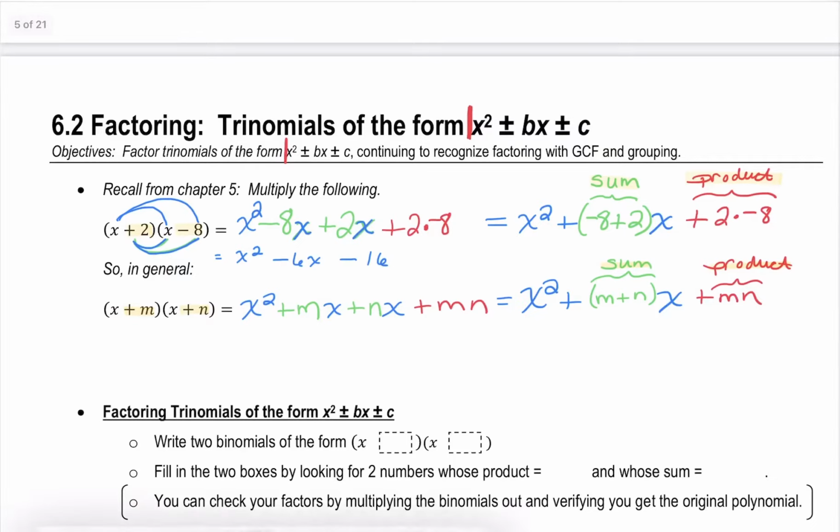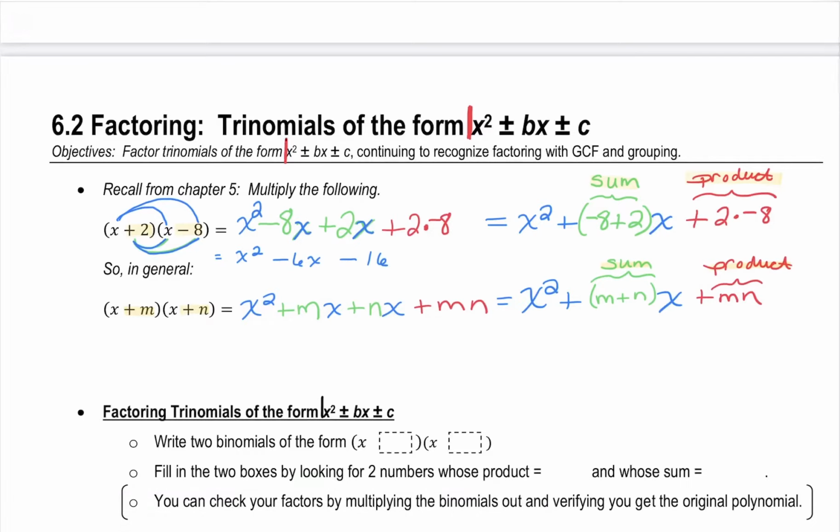Now the whole idea is using these observations and working backwards. So when we start with a trinomial of the form, again, notice this is of the form a 1x squared, I'm going to put a big 1 here in black.